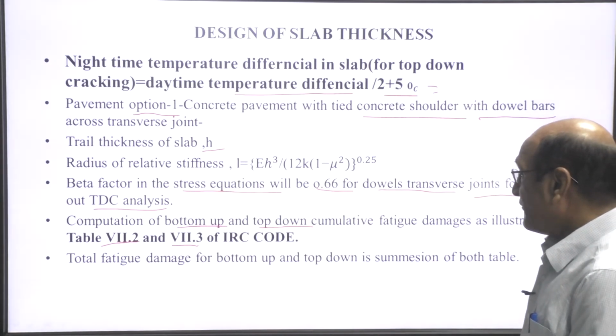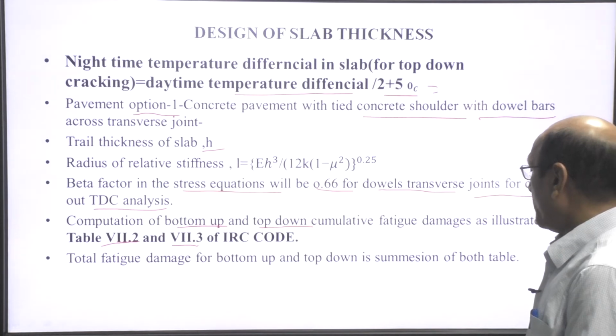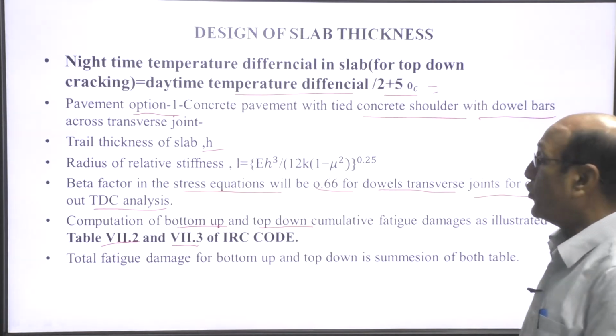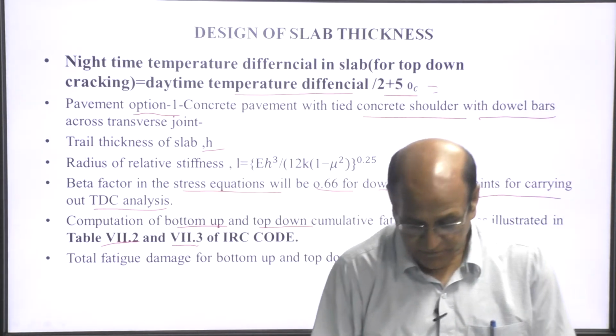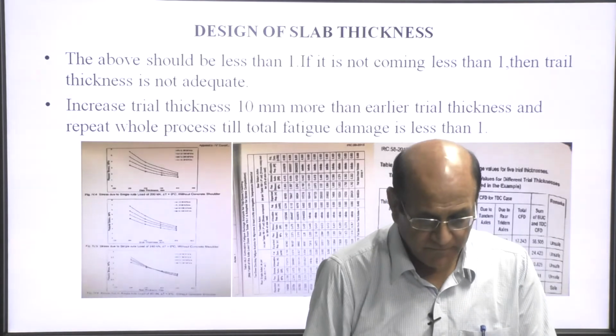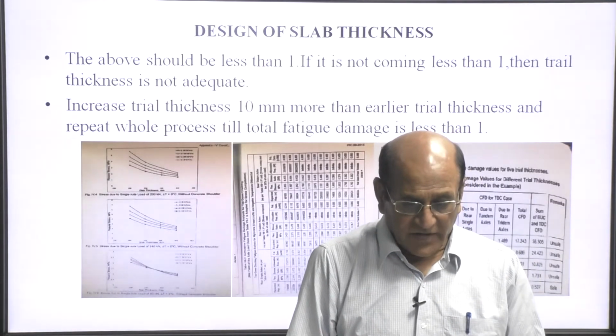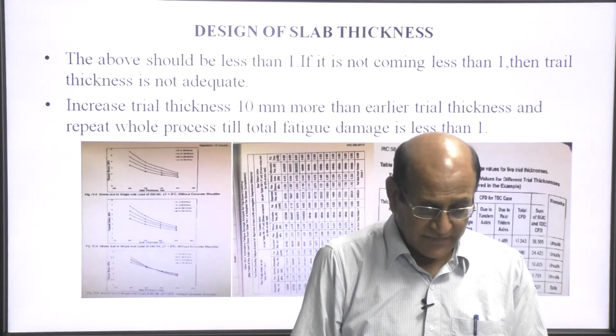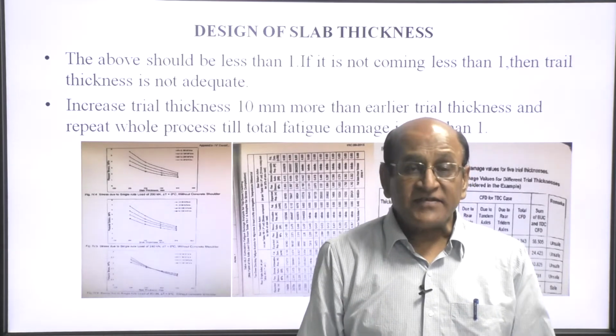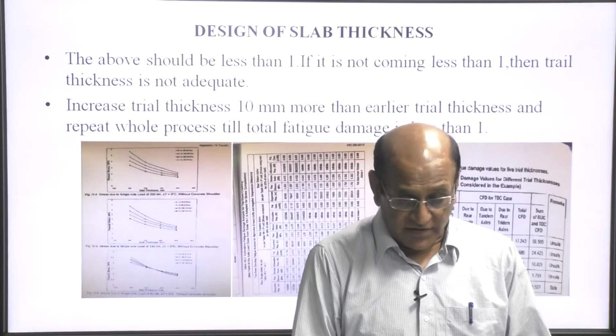So, the total fatigue damage for the bottom up and top down is the summation of both tables. Now, design of slab thickness: the summation of all should be less than 1.